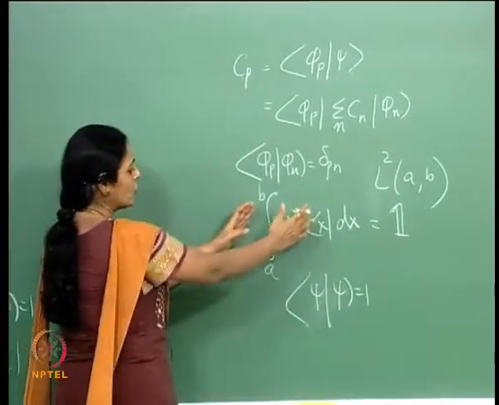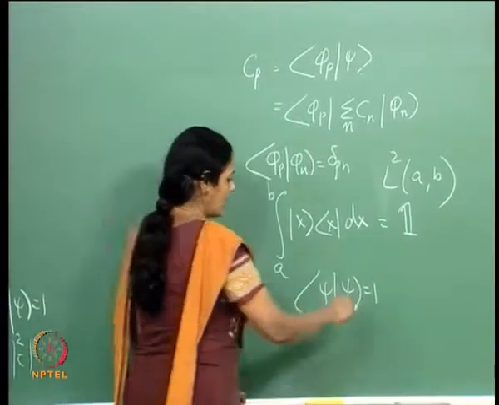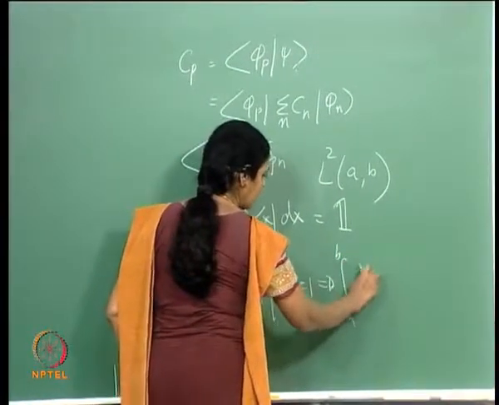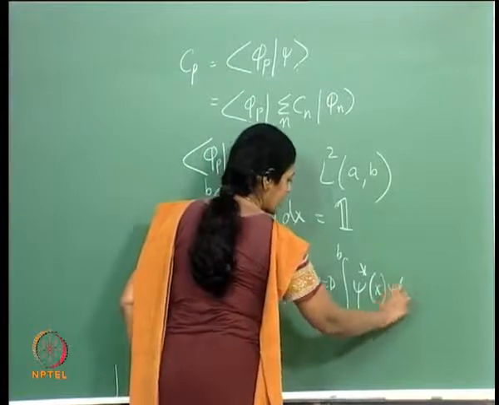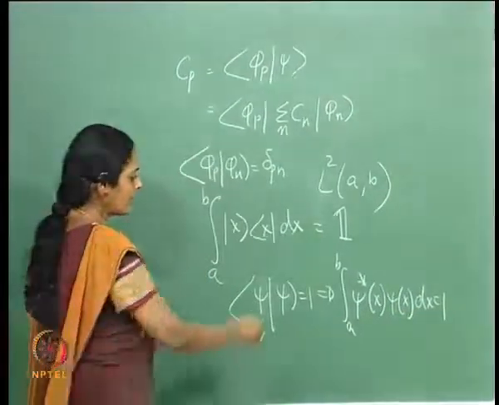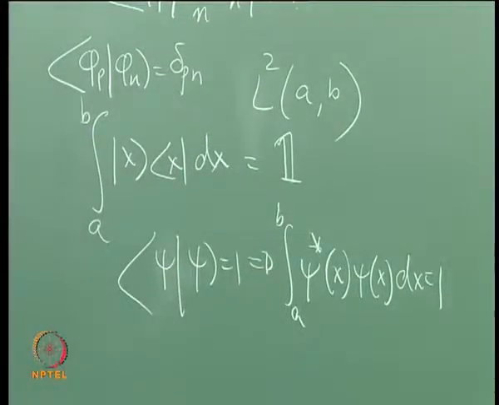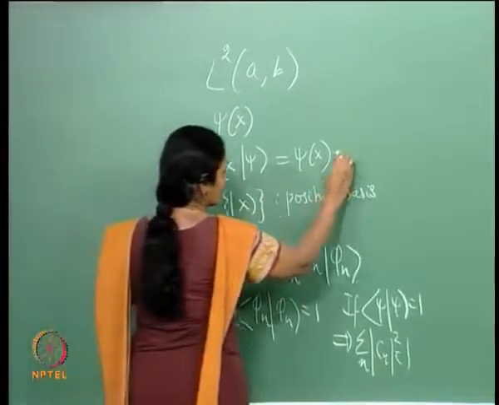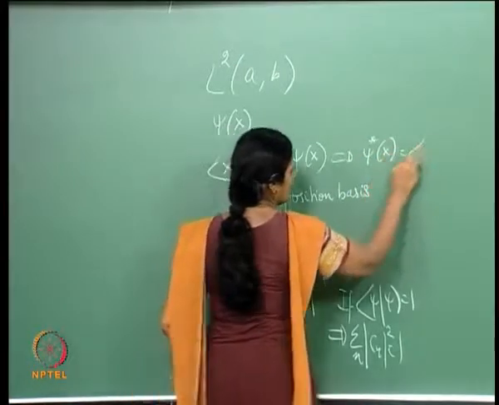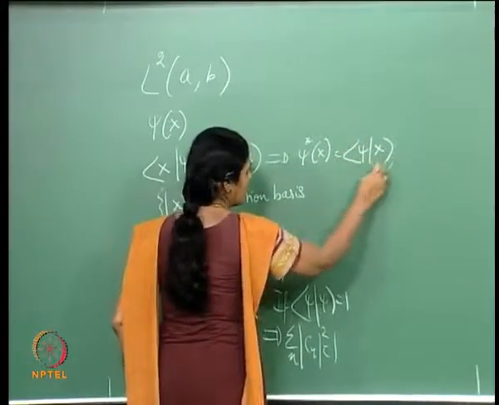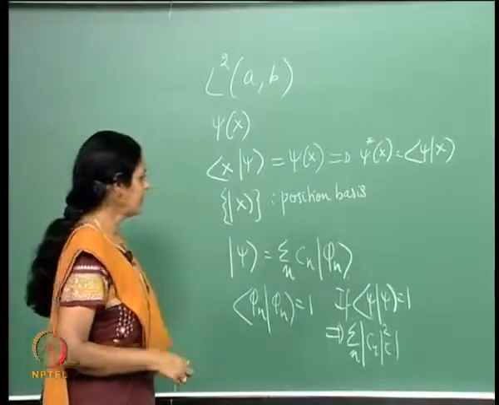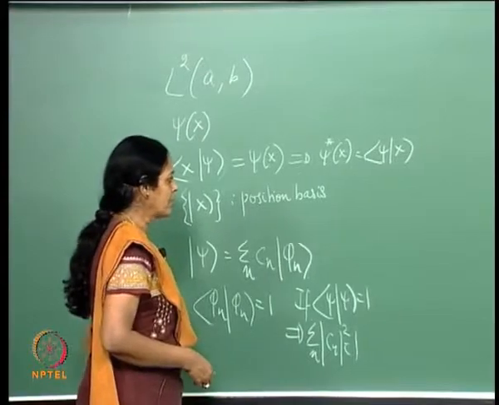I can well introduce this complete basis there, and that would amount to saying the integral from a to b of psi star of x psi of x dx is 1. Because I have introduced a complete set of states, if psi of x is this, it implies that psi star of x is the inner product of bra psi with ket x, and therefore I got that.